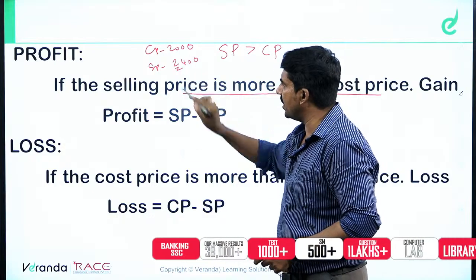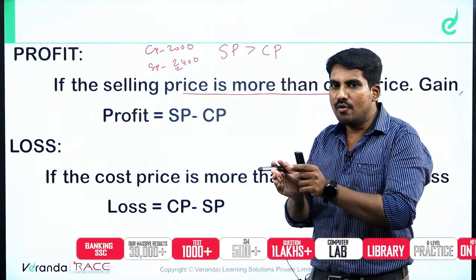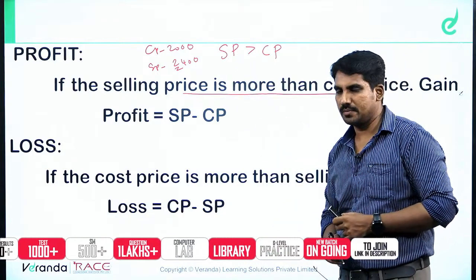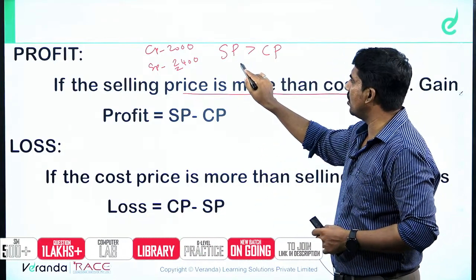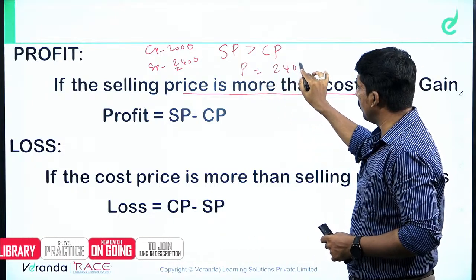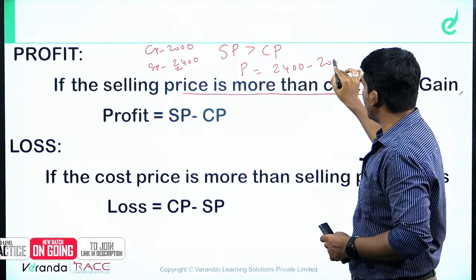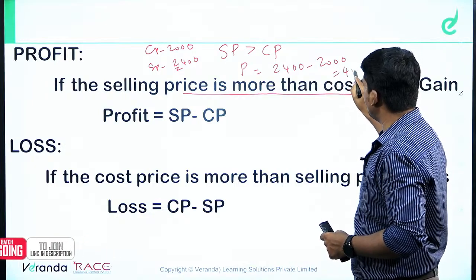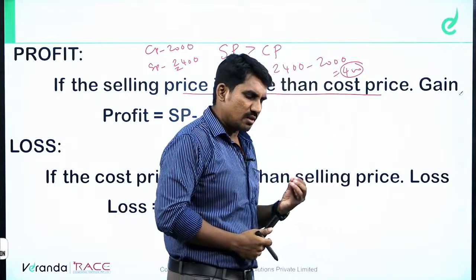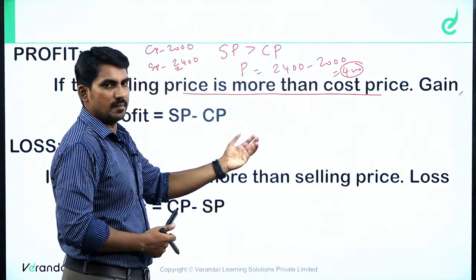Therefore the selling price is 400 rupees more, and that situation is called profit. How can we calculate the profit? Profit is the selling price 2400 minus the cost price, and we get 400. That is the profit.